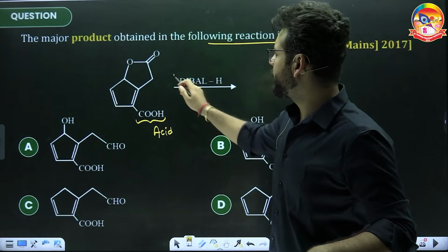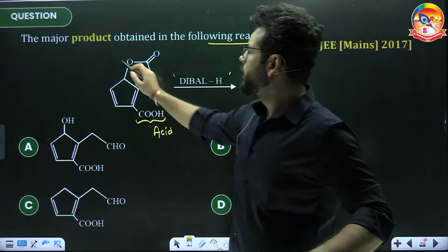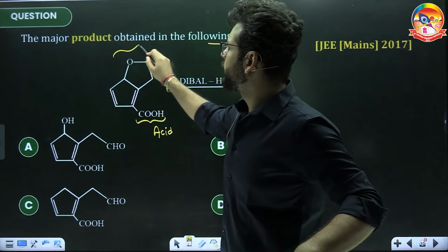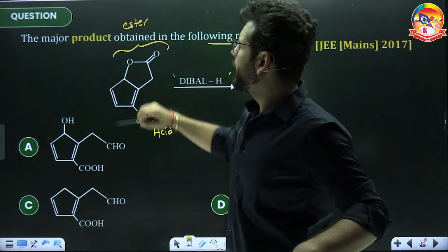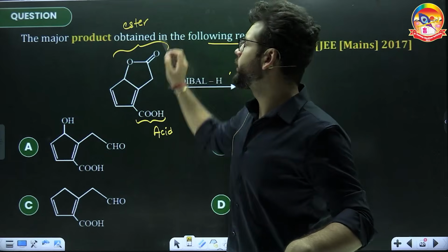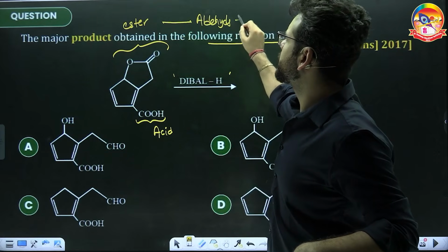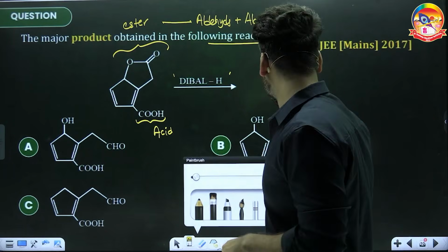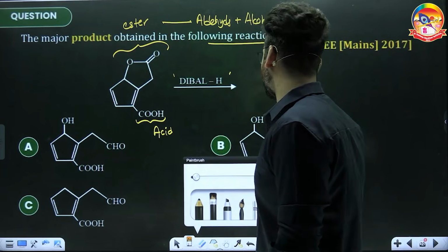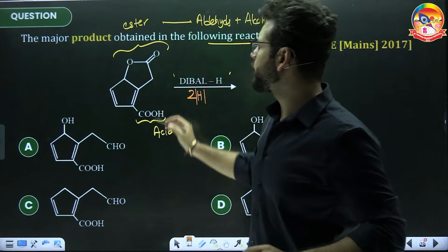Carboxylic acid, DIBAL-H, we have never studied any reaction between them, so nothing happens. This is an ester group if you see carefully, COOR. Ester group does react with DIBAL-H to become aldehydes, correct? Plus alcohols. So what will DIBAL-H do? It will provide two nascent hydrogens for the reduction. The carbonyl oxygen bond will break.